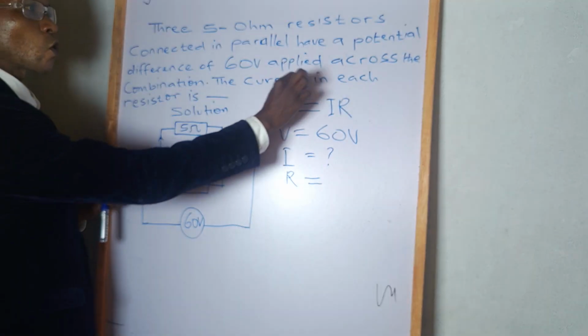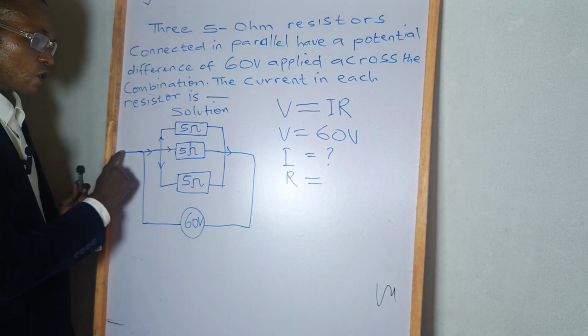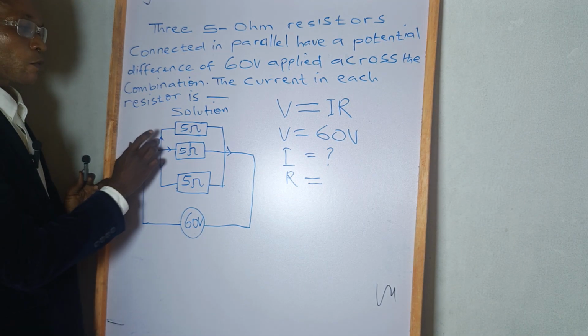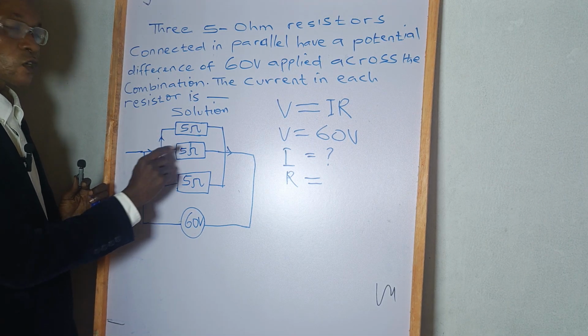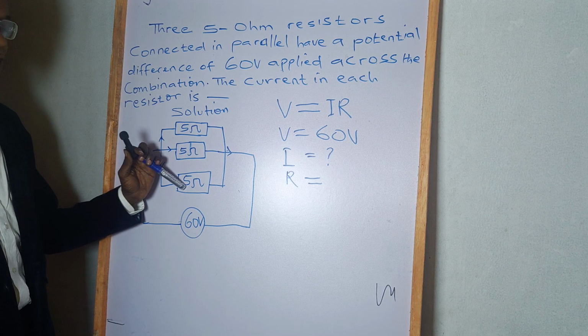Look at the question. The current in each resistor. See the current moving like this. When you get to this junction, it breaks. Some portion moves into the first 5 ohm, another portion moves into the second 5 ohm, and another portion moves into the last 5 ohm.